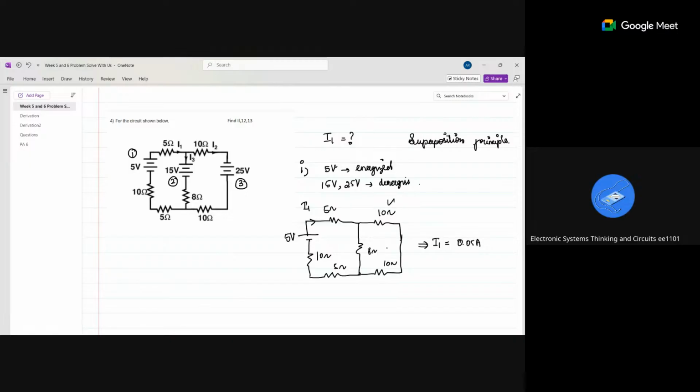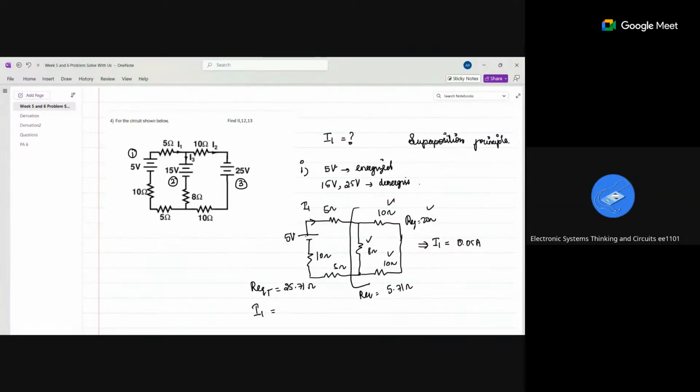So this 10 ohms and 10 ohms are in series, so the R equivalent here is 20 ohm. And this 8 ohm and 20 ohm are in parallel: 1 divided by 8 plus 1 divided by 20, the whole inverse. So it is 5.71 ohm. So the total R equivalent is 10 plus 15 plus 5.71, which is 25.71.